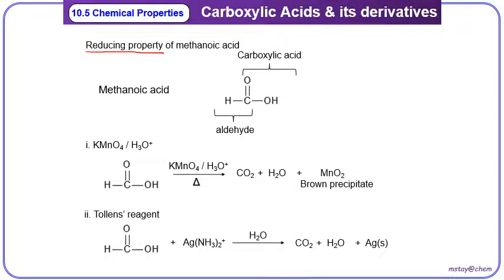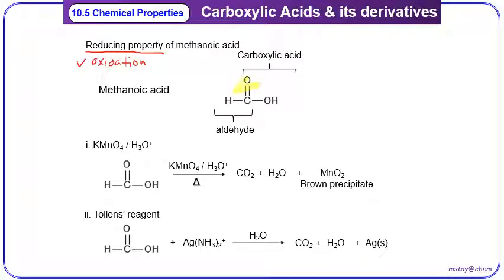This means that methanoic acid is able to undergo oxidation. Why can this happen? In the beginning of the chapter, we mentioned carboxylic acid can only undergo reduction but cannot undergo oxidation.